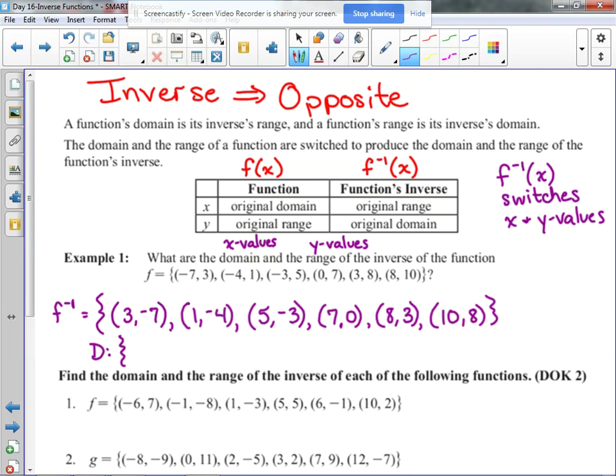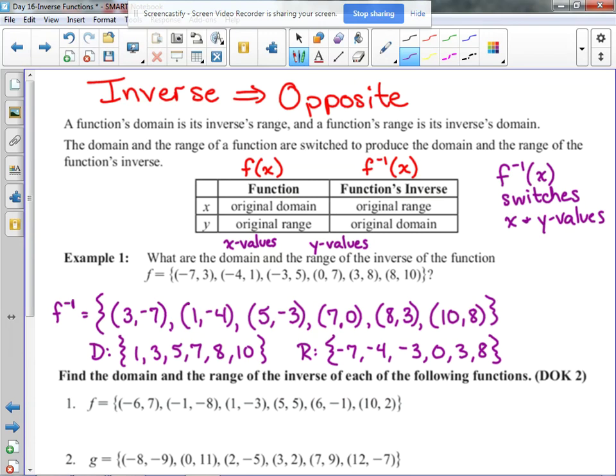Let's list them in numeric order, least to greatest. So 1, 3, 5, 7, 8, and 10. And that's how you list the domain if it's just a set of points. Okay, for the range, let's list those in numeric order. -7, -4, -3, 0, 3, and 8. Okay, that's it.